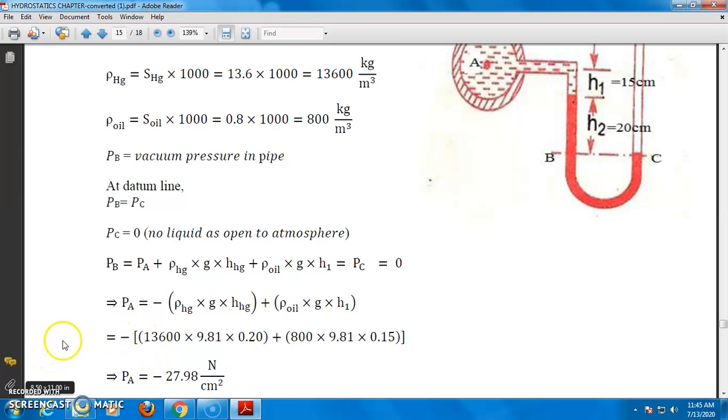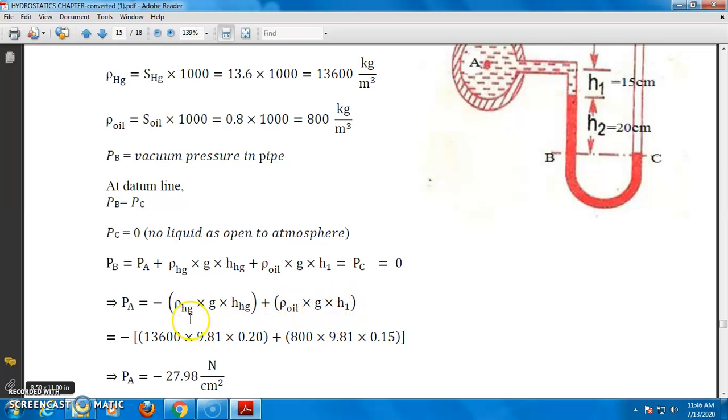Our aim in the question is to calculate PA. So PA is equal to, we keep PA on the left side and bring all the components to the right side. Then you have to give the negative sign. So from the left side, PA is equal to minus density of mercury into g into height of mercury, plus density of oil into g into H1.